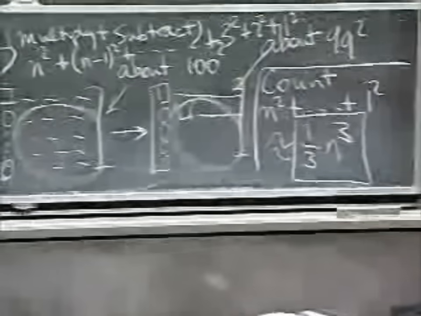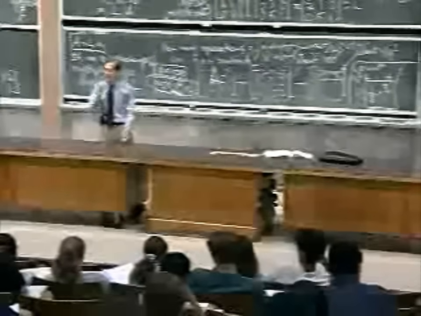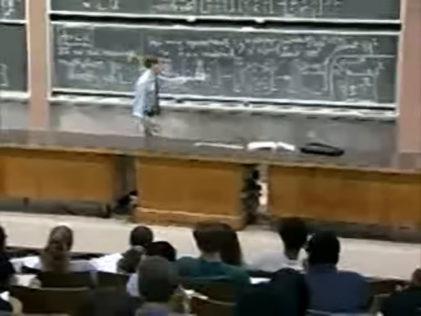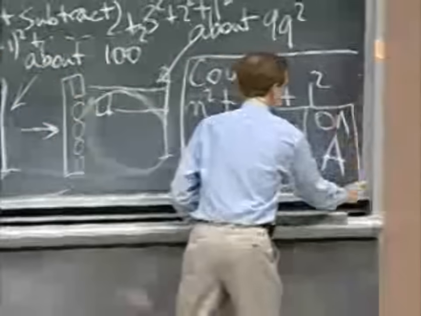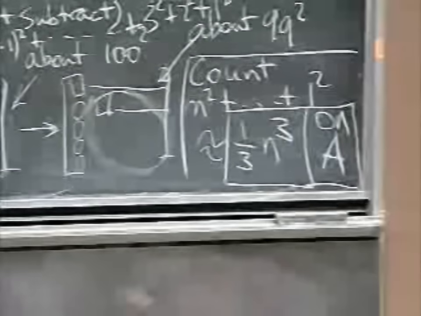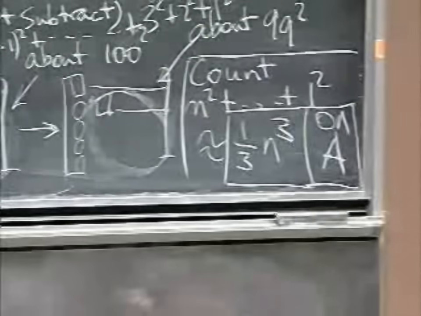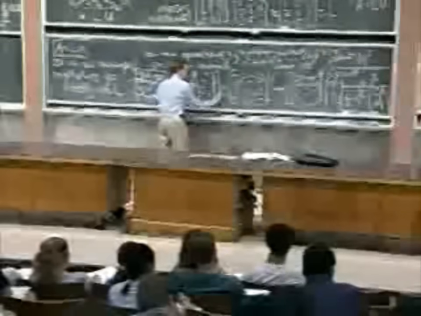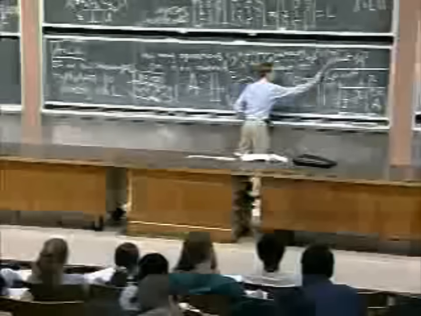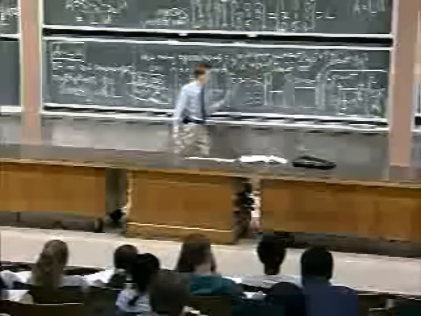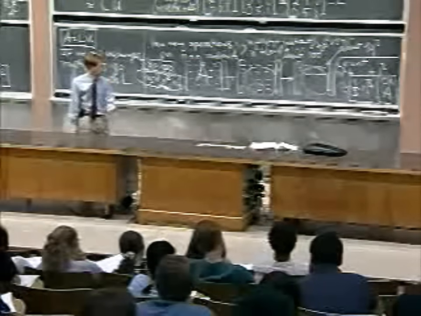Now, let me say one more thing about operations. What about the right-hand side? This was what it cost on the left side, on A. But what's the cost on the extra column vector b that we're hanging around here? It costs a lot less, obviously, because it's just one column.